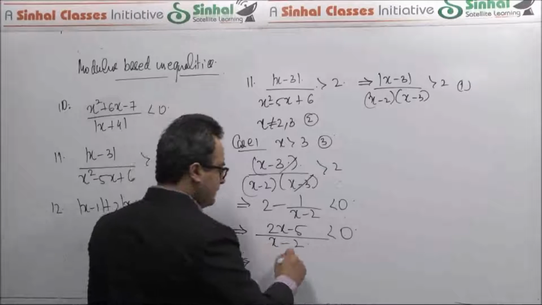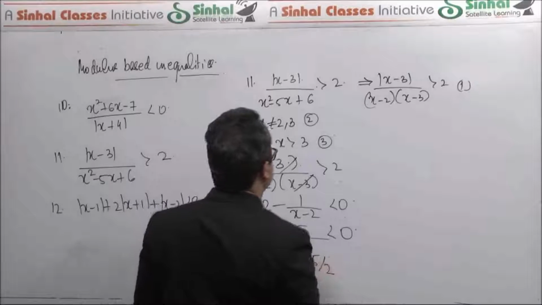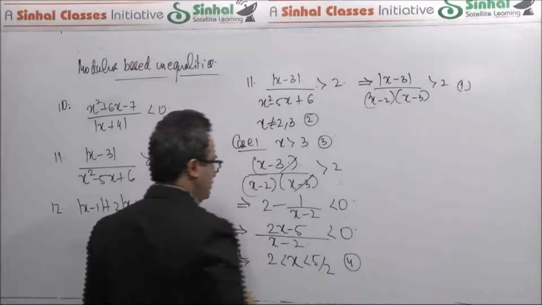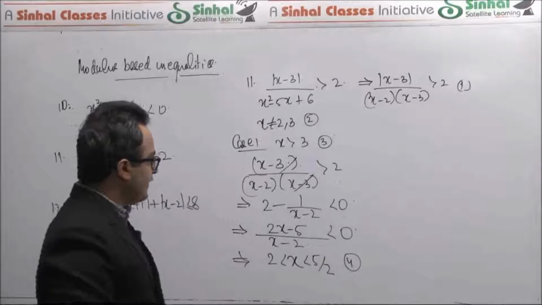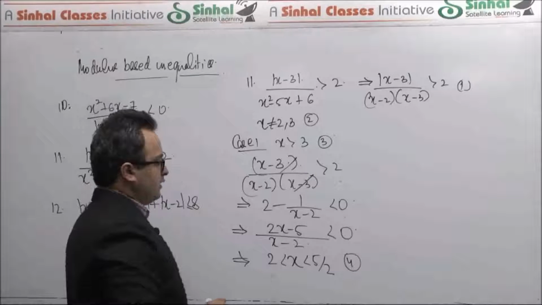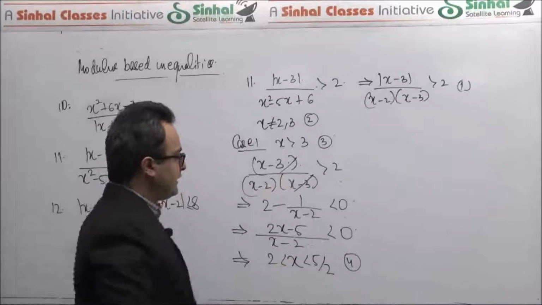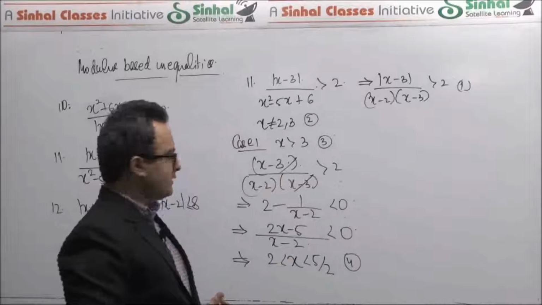By the wavy curve method, the answer is x lies between 2 and 5/2. But now again, I have to take an intersection of 3 and 4. This is the solution set under the condition that x itself is greater than 3. But clearly from 3 and 4, there is no intersection.